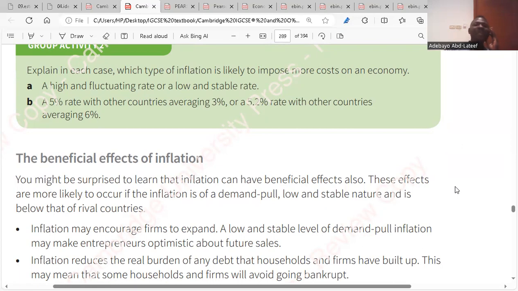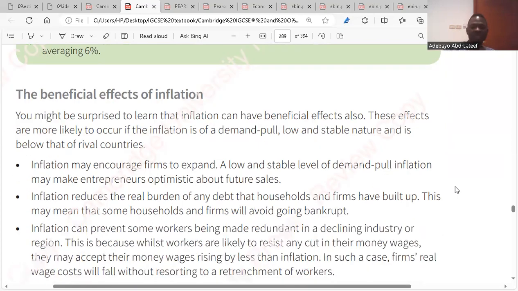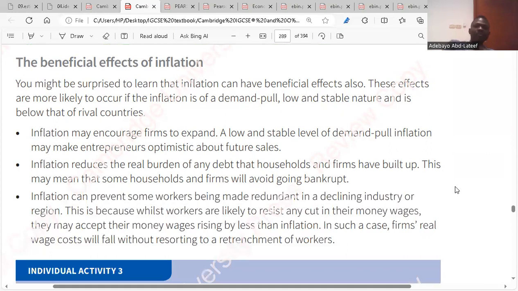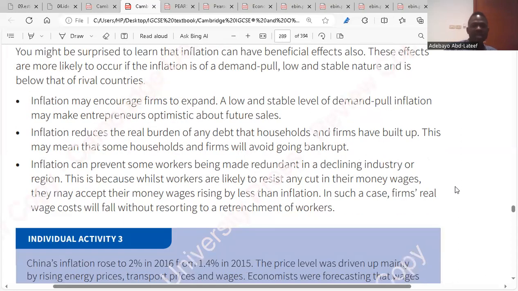So what are the beneficial effects of inflation? You might be surprised to learn that inflation can have beneficial effects also. These effects are more likely to occur if the inflation is of a demand-pull, low and stable nature, and is below that of rival countries. Inflation may encourage firms to expand.